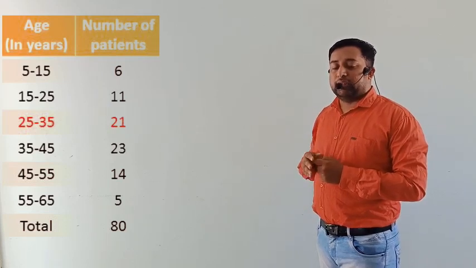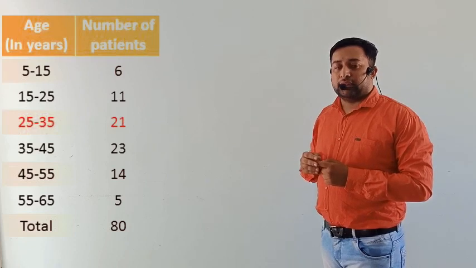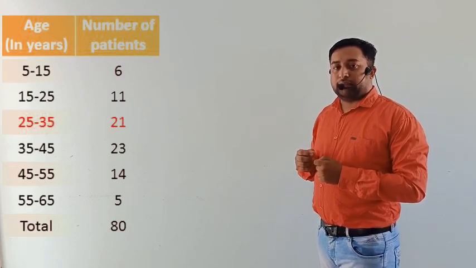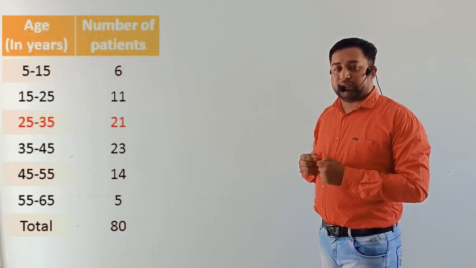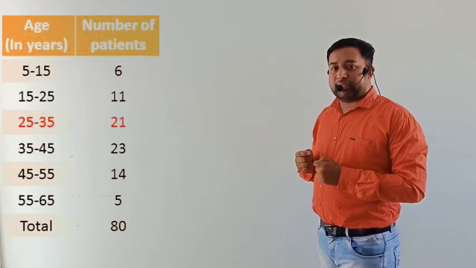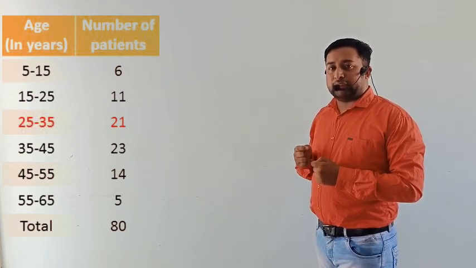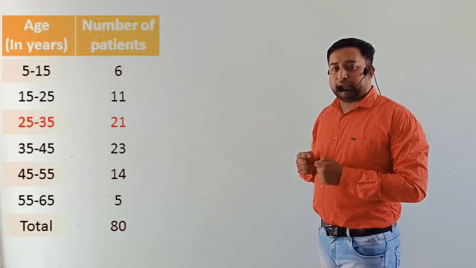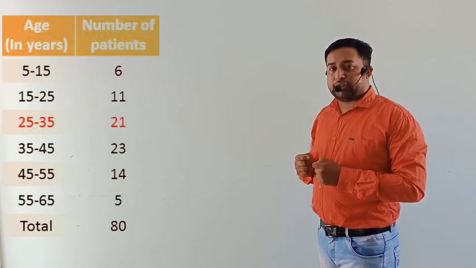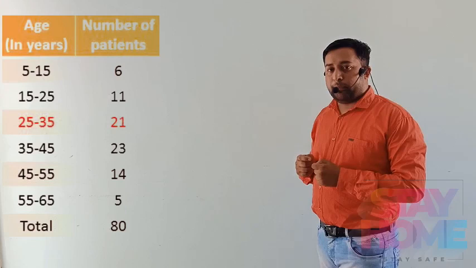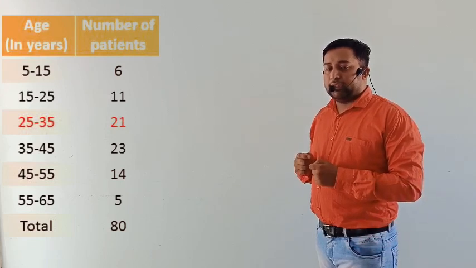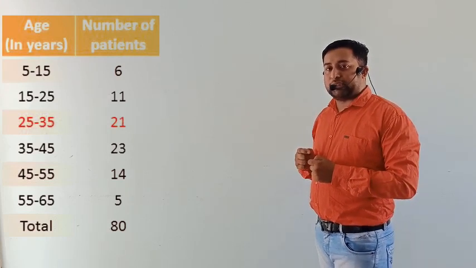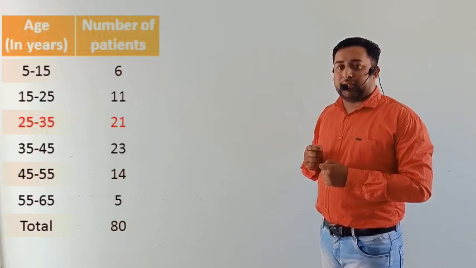I am using the assumed mean method here. Sigma fi means the sum of frequency: 6 plus 11 is 17, plus 21 is 38, plus 23 is 61, plus 14 is 75, plus 5 is 80. So our sum of frequency, sigma fi, is 80.